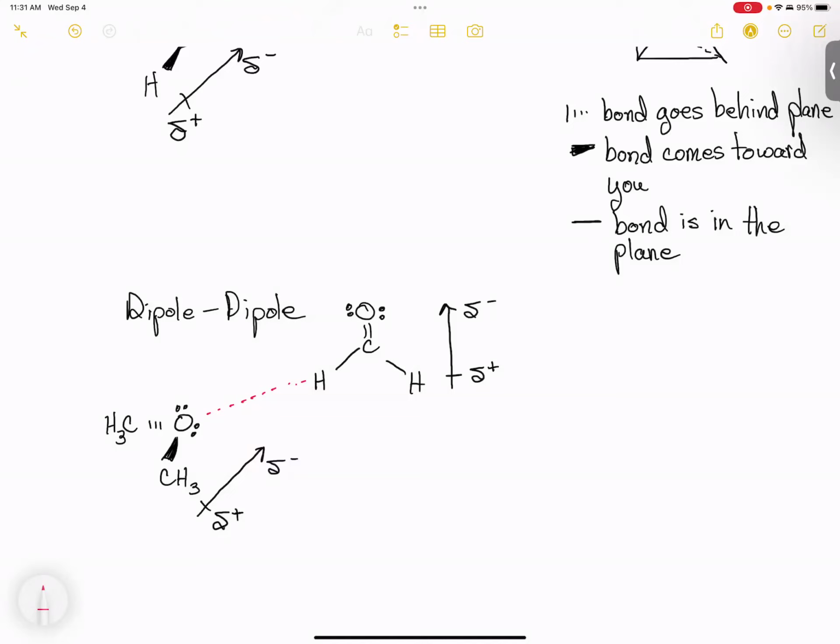Polar wants polar. So the best solvent for an ionic compound or a polar molecule is going to be something that is polar. That's what it boils down to. I'm just showing you why with all of this drawing, because the positive has to interact with the negative. Polar wants polar because they have a positive and a negative.